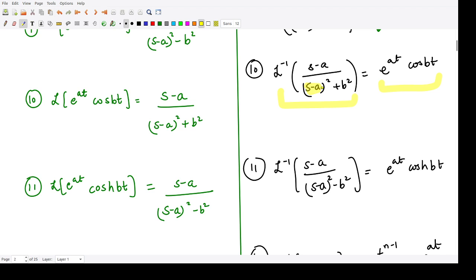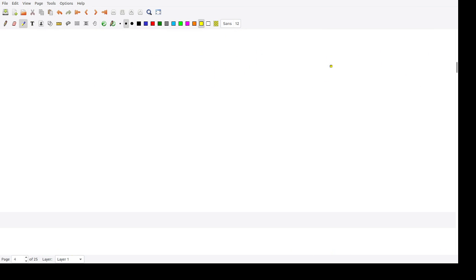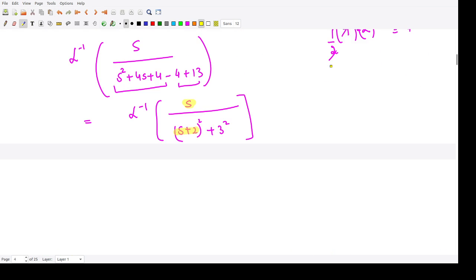So for that this term should be equal to this term. So we'll make first that and then we'll apply the formula. So accordingly what we will do, we will add and subtract 2 in the numerator divided by s plus 2 whole square plus 3 square.